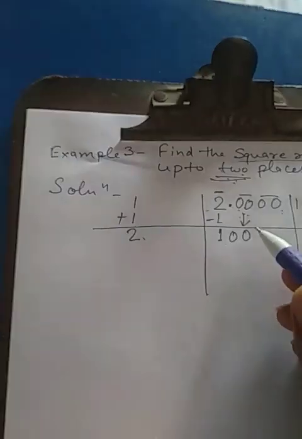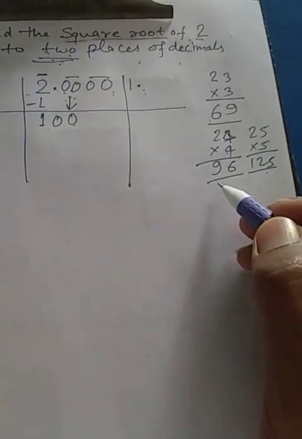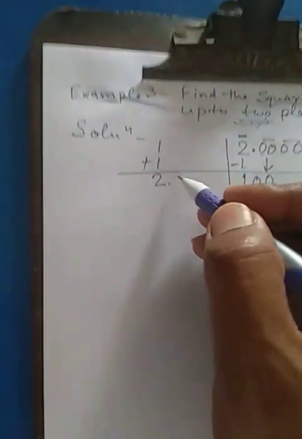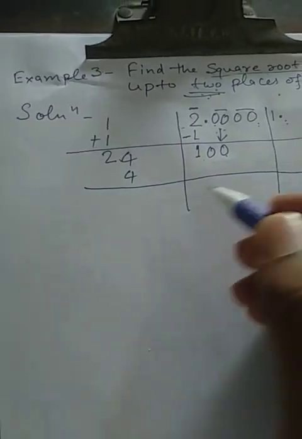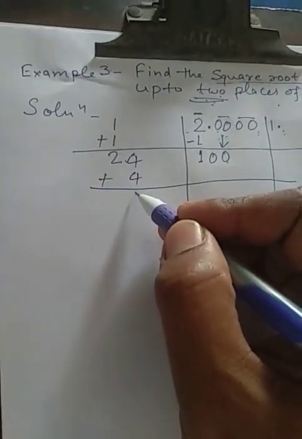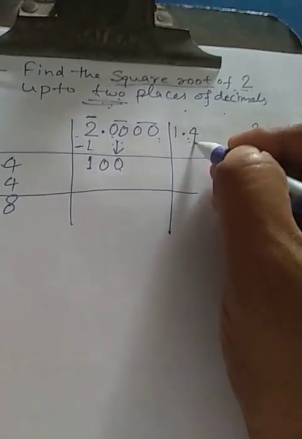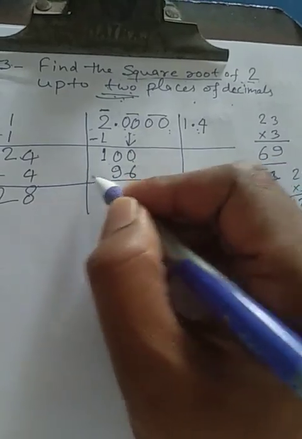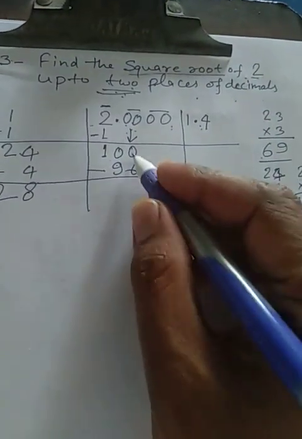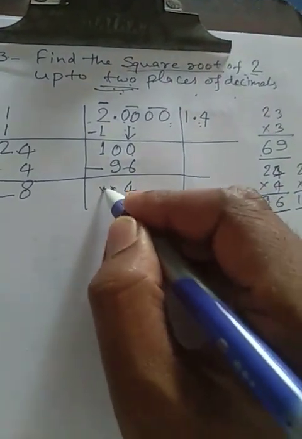So 125 is more than 100, so we can use 96. That is, we have to put here 4 4. And 4 4 is 8 and 2, and we have to write here digit 4, and then 24 times 4 is 96. After subtraction we have to write 4, this is cancelled.